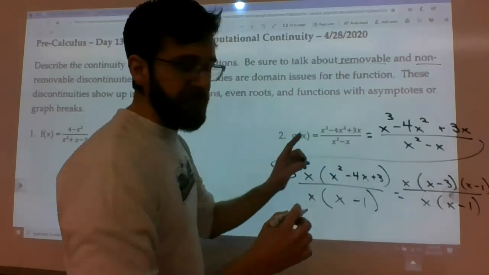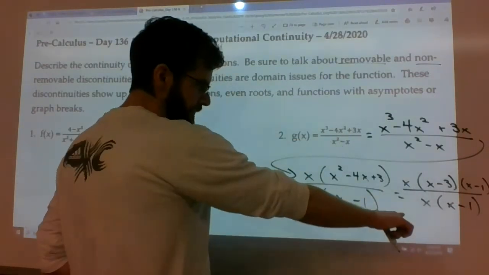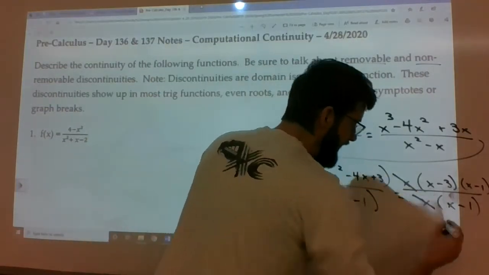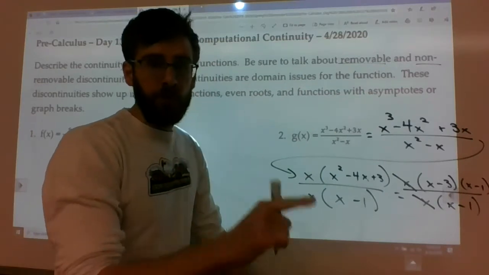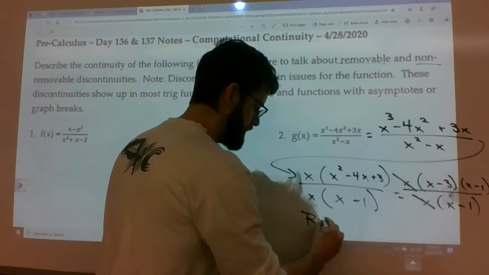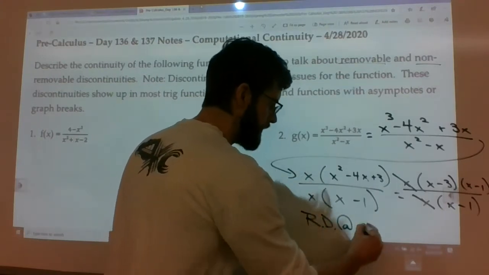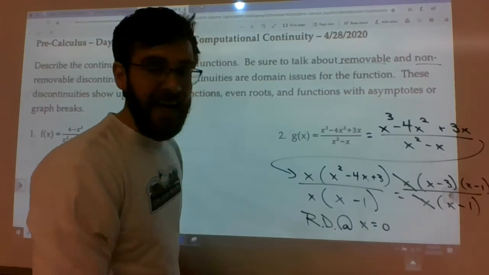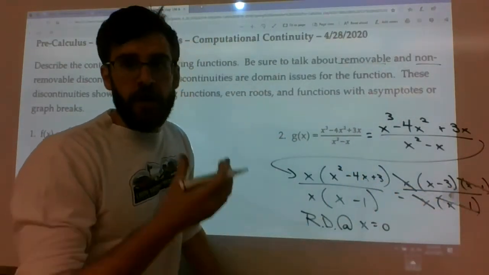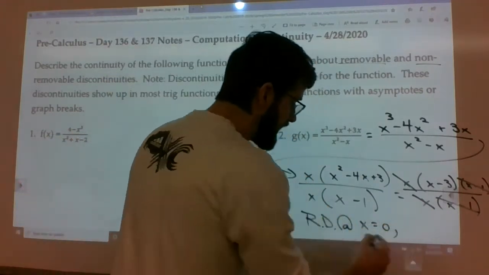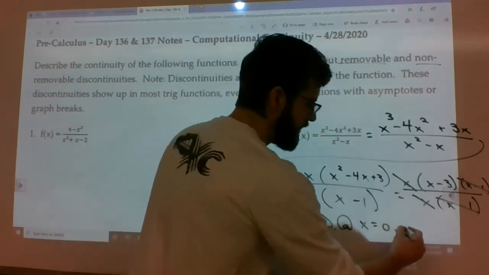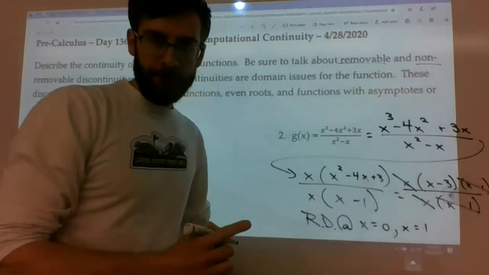So, now that we've factored the top and we've factored the bottom, x divided by x cancels out. That means we have a removable discontinuity when x equals 0. The x minus 1s also cancel out, which means we have, again, a removable discontinuity at, I'm just going to attach it to the other one, x equals 1.